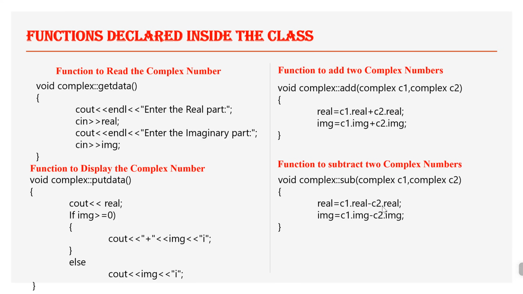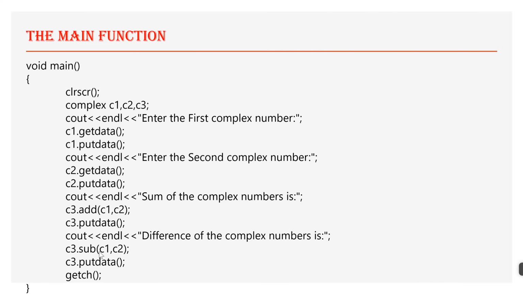So the output real becomes 2. Similarly imaginary: C1 dot imaginary, which is 4, minus C2 dot imaginary, which is 2. So 4 minus 2 becomes 2. So after subtraction, C3 becomes 2 plus 2i. That is displayed, and at getch, your program is terminated.